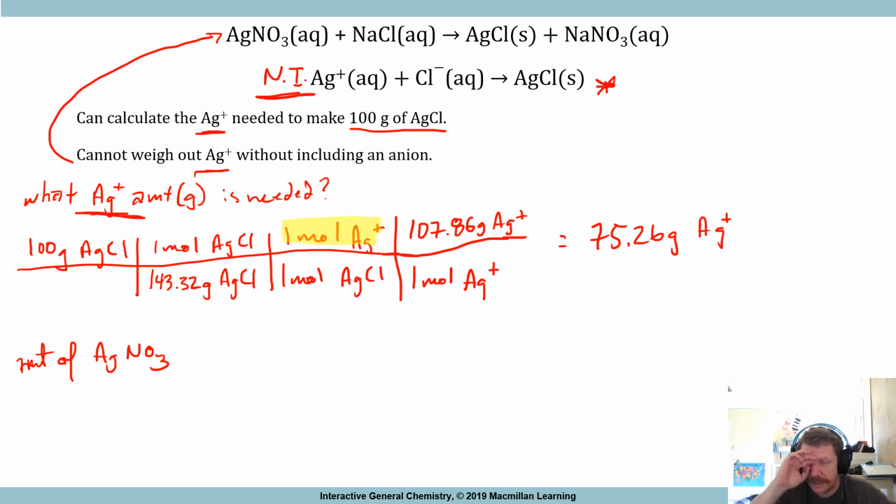We have the exact same setup, but we wouldn't be using the net ionic equation, we'd be using the molecular equation. And we'd be wanting to relate the moles of silver chloride to the moles of silver nitrate. So where I've highlighted in your dimensional analysis, that's going to go from Ag plus to AgNO3, and your molar mass is going to be the molar mass for AgNO3.